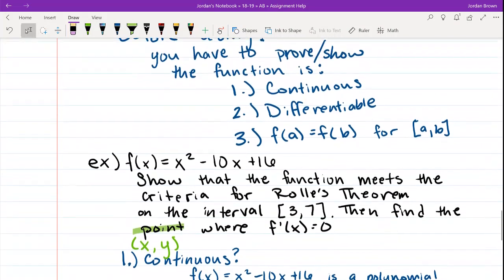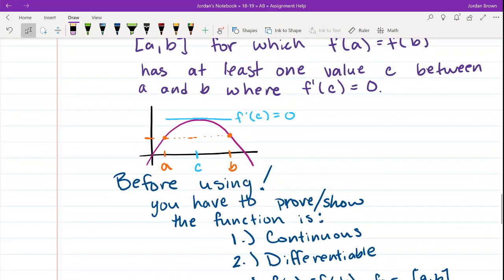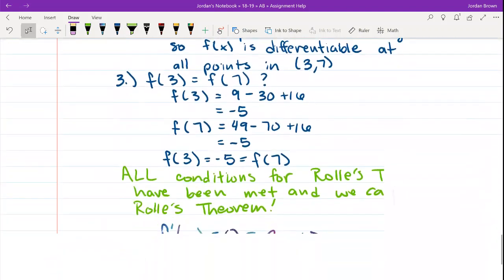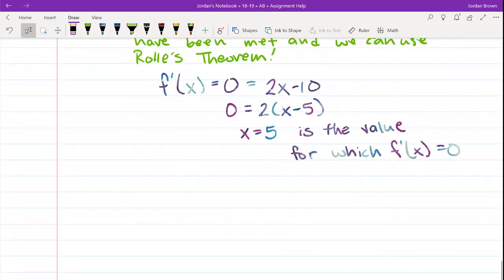Yeah, it's not awful. It actually will save a lot of time, especially if you've got a function that you're not familiar with and you're wondering if it's ever got a horizontal tangent. Yes, x equals 5 is the answer for this problem.